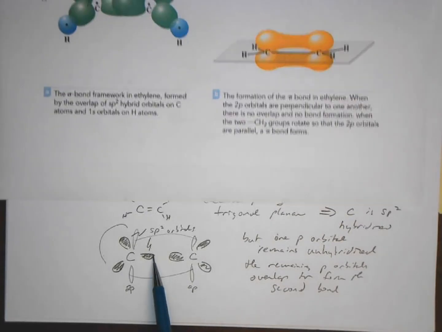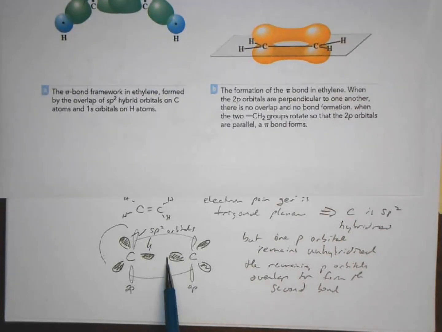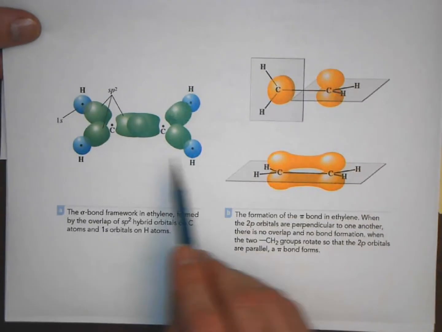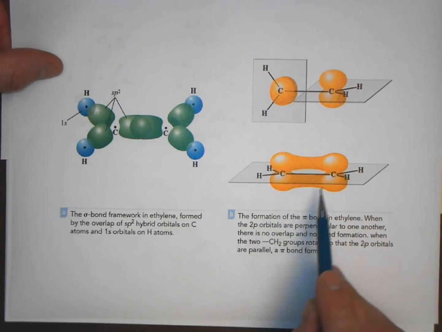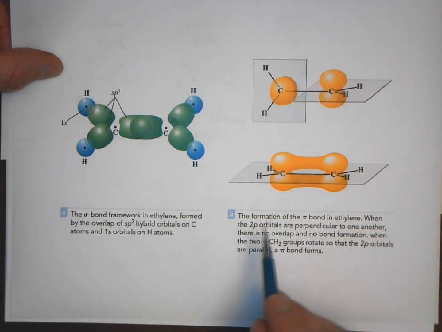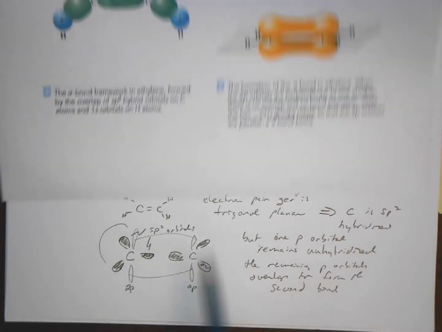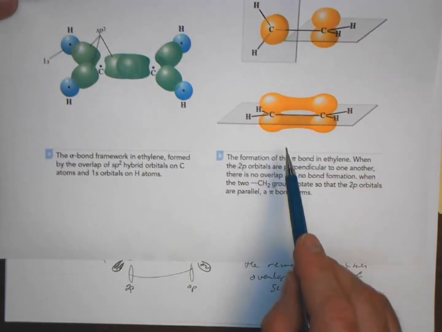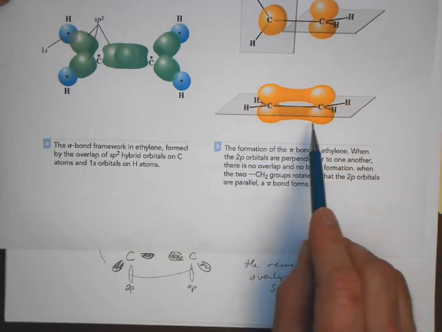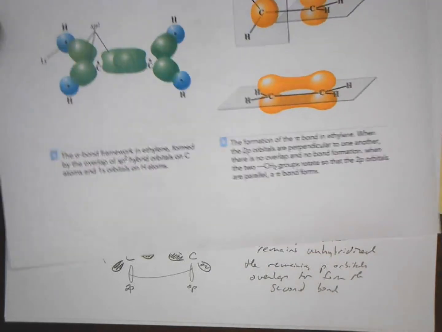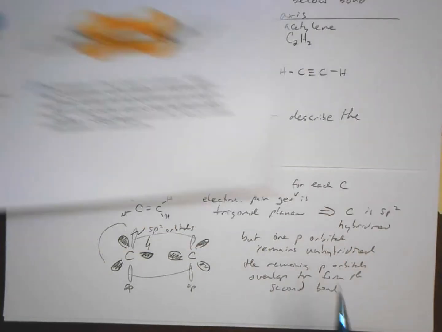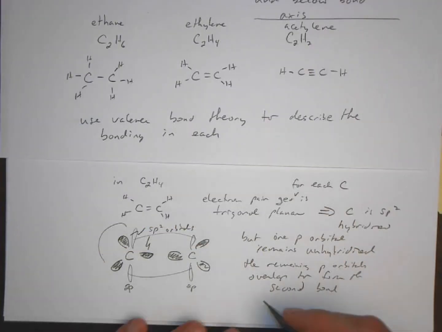Just like our picture here. And the remaining 2p orbitals form what's called a pi bond. They form that second bond. The electrons are above and below the axis of that molecule, however, and so it would be a pi bond.